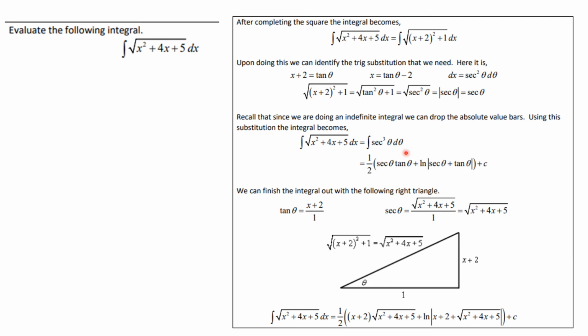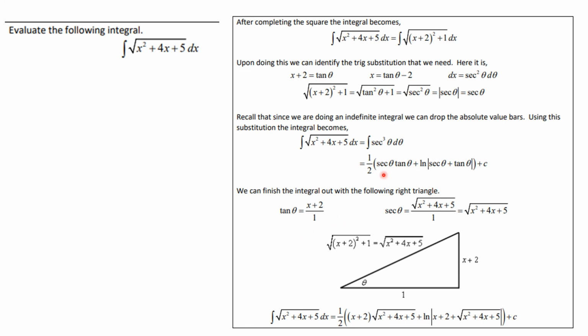Now perhaps you remember this, but we've actually done this integral multiple times before. We did integration by parts, and we found back in the chapter on integration by parts and also on trigonometric integrals that this is going to be 1/2 secant theta tan theta plus the natural logarithm of secant theta plus tan theta, plus c.